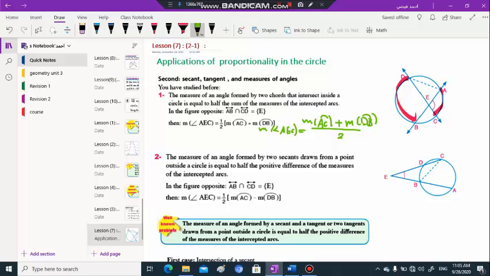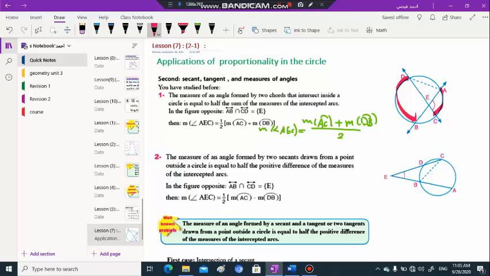And number 2, the measure of an angle formed by two secants drawn from a point outside the circle is equal to half the positive difference of the measures of the intersected arcs. If you want to find the measure of angle E, it equals half the difference because E is outside the circle.